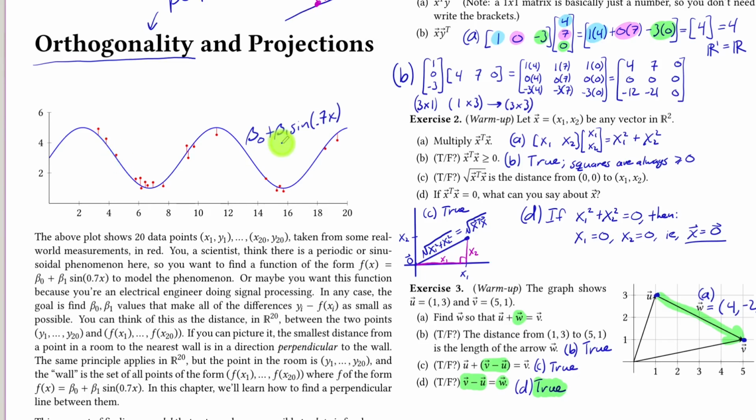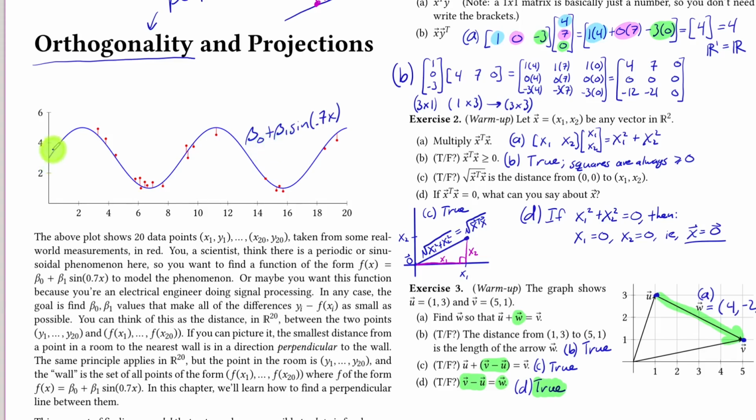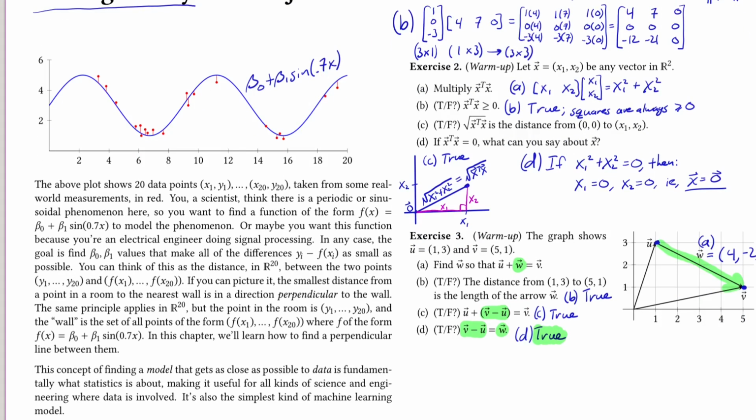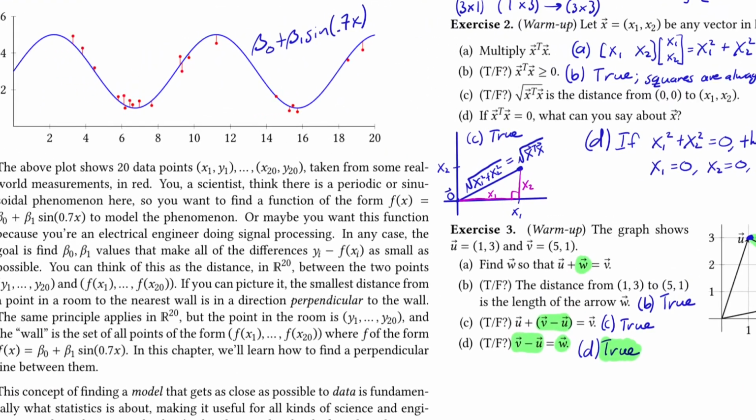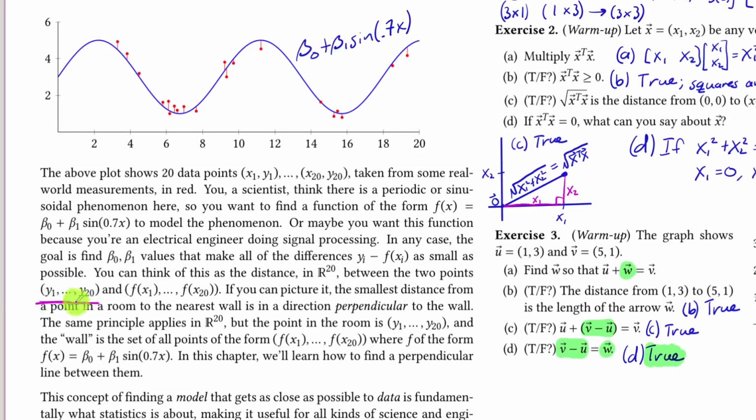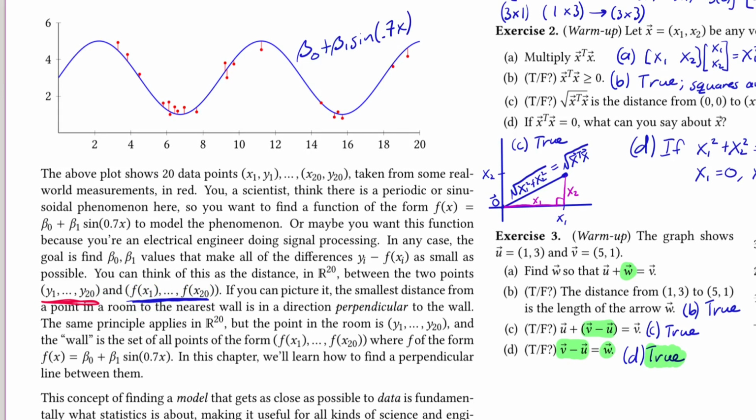In other words, if you want to find what is the beta 0 and the beta 1 to model the set of red data points with the sinusoidal function of this form, it's kind of like trying to find the beta 0 and the beta 1 that makes the distance between the y1 through y20, if there's 20 points here, and the points on the sinusoidal function as small as possible.